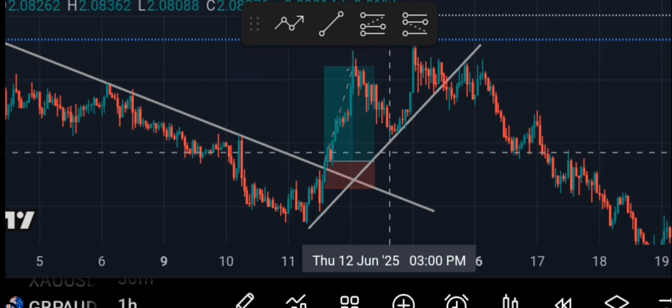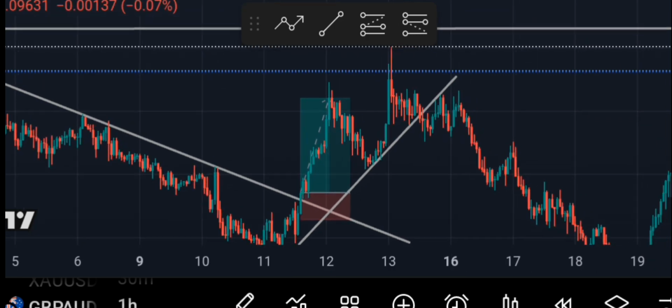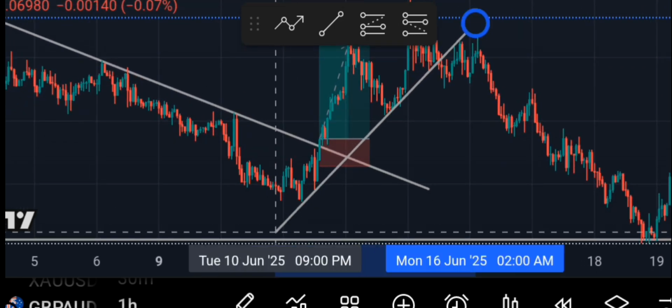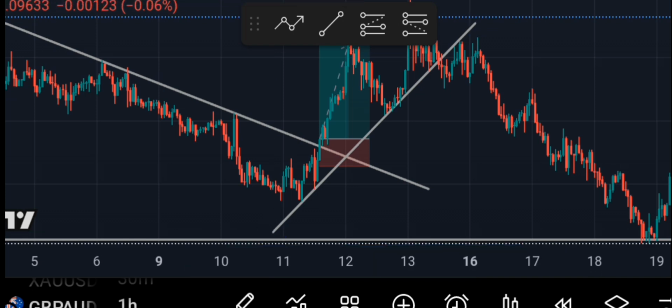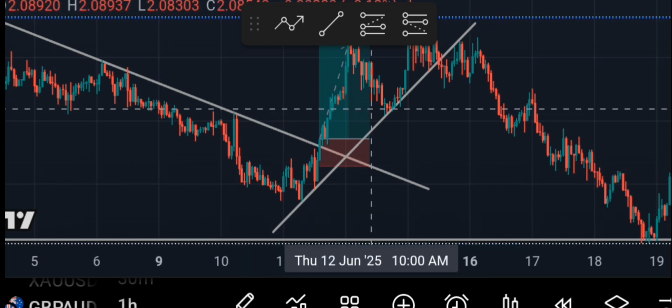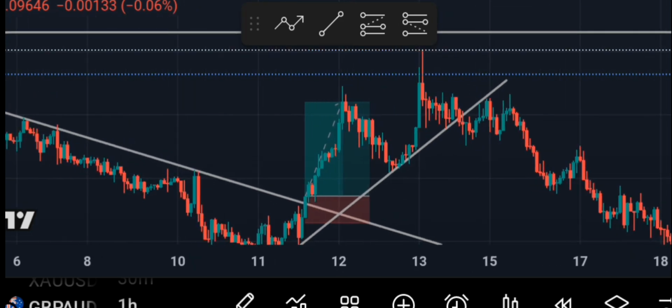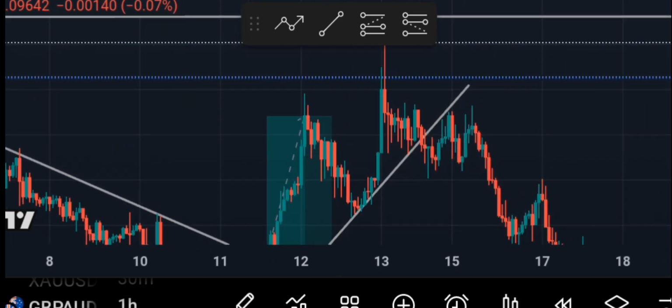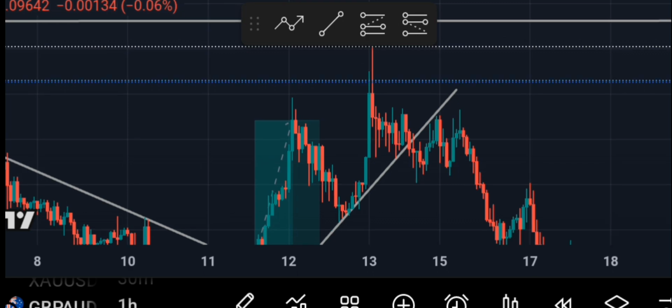Now we know that, oh, this market is now in an uptrend. So what we will do, we just take out our trend line tool, then we tap out those zones. That's first touch, second touch, third touch. What we'll be expecting next is a breakout. Are you following, guys? What we are going to be expecting next is a breakout.